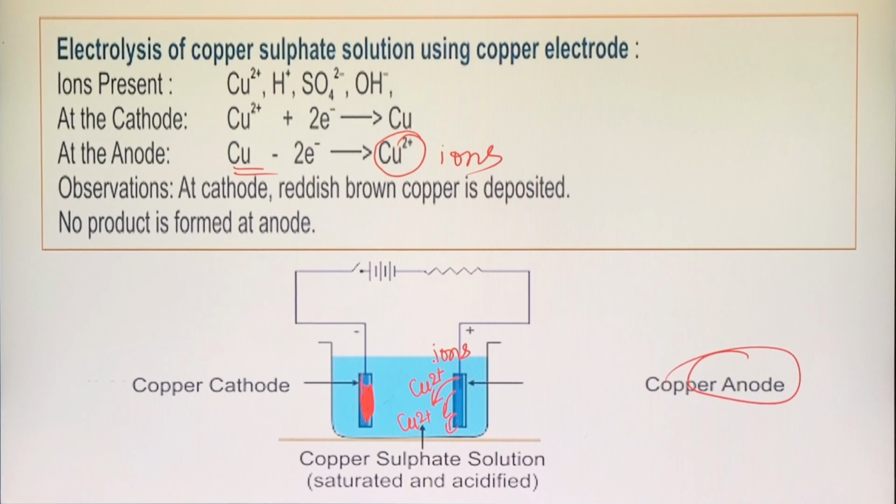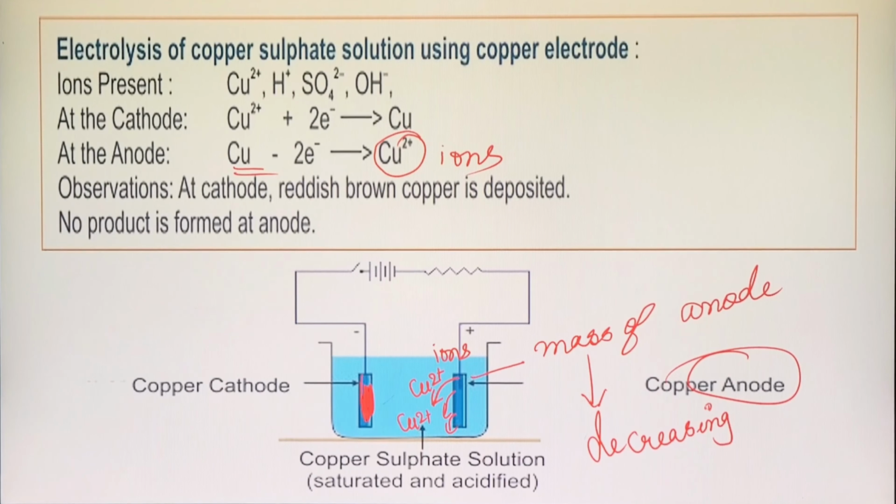I just now told you anode is breaking and it is falling down into the solution. So can you tell me what happens to the mass of the anode? If anode is breaking and it is falling down into the solution, of course it must be decreasing.